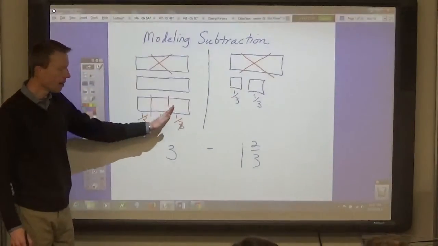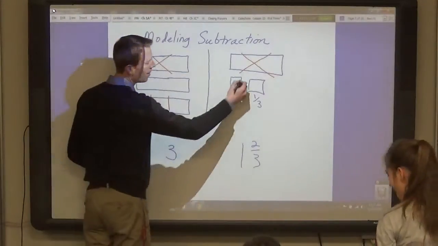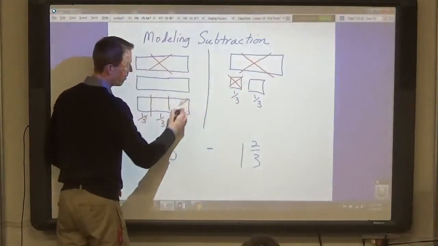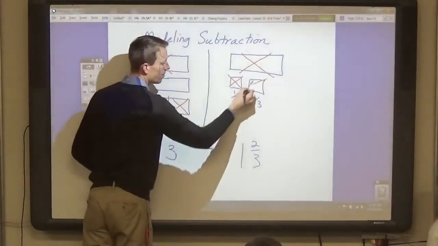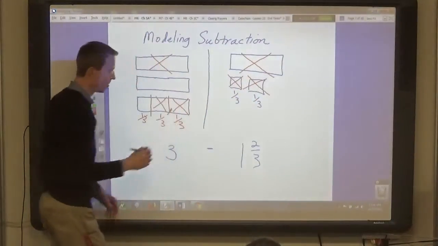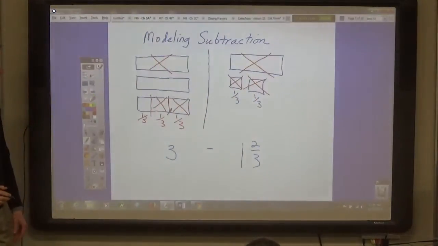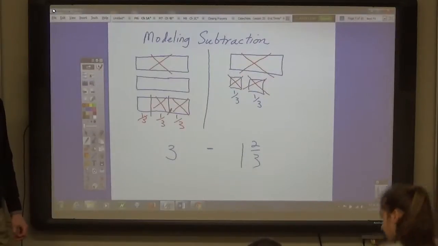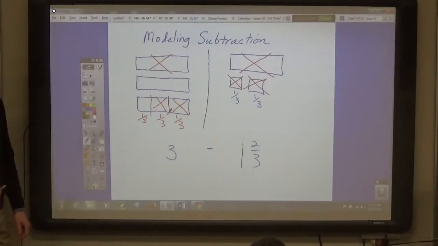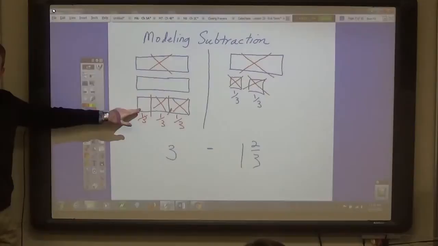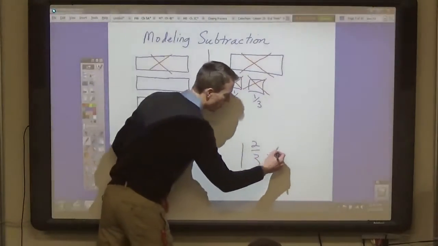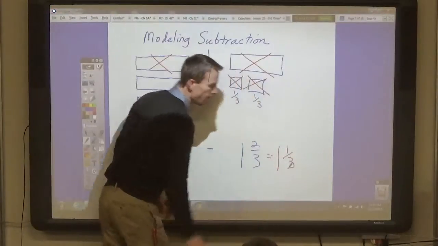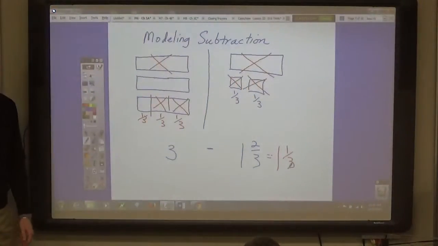So first cut it up, and then for every one you cut or take away on this side, you take 1 away over here. Now what answer is showing? Abby? 1 1/3 left. Yep. So this is 1 1/3 left. Okay?